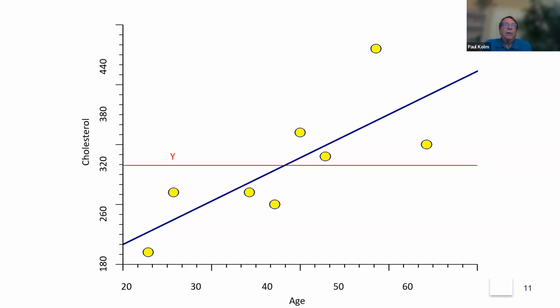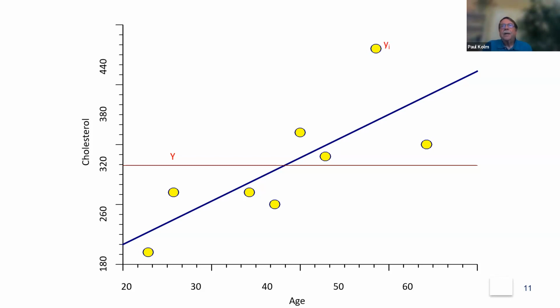Because if we had no other information and we wanted to know what was the most common value of Y, we would say, well, it's just the mean. But if we add another variable in predicting the outcome, in this case cholesterol, we're going to look at the observed values.